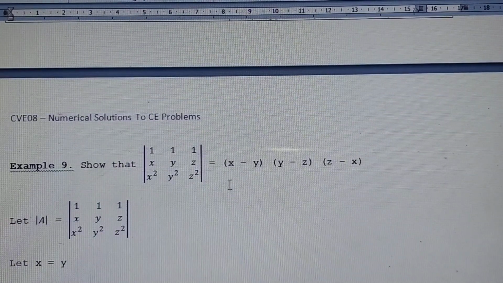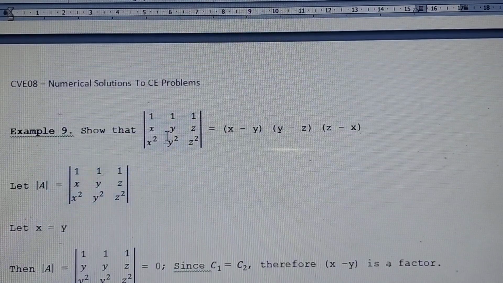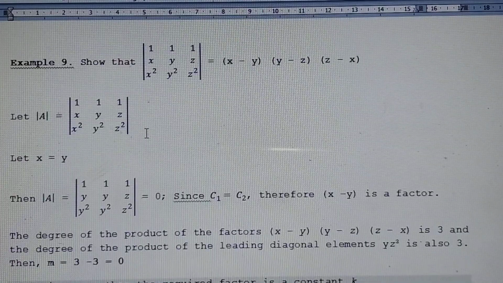So, let itong determinant na to ay absolute A. So, ito, just copy all the values. Then, let x equals y. Ito, kinuha muna natin to. Then, lahat na makikita natin na x, papalitan natin ng y.